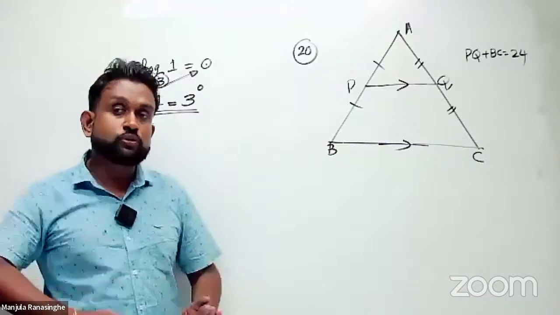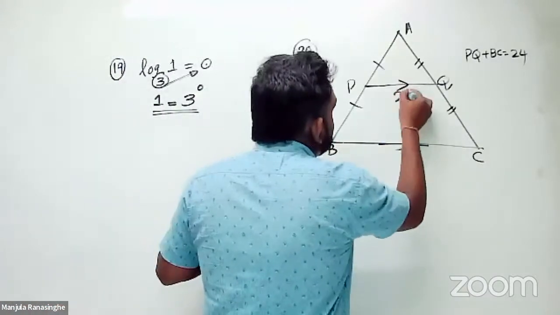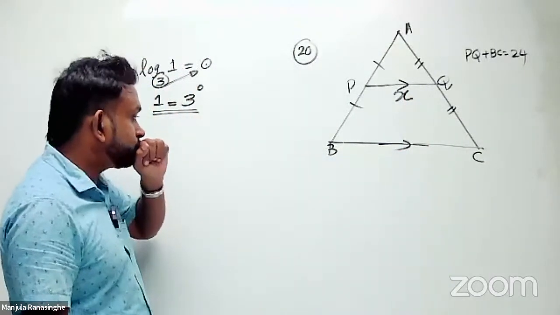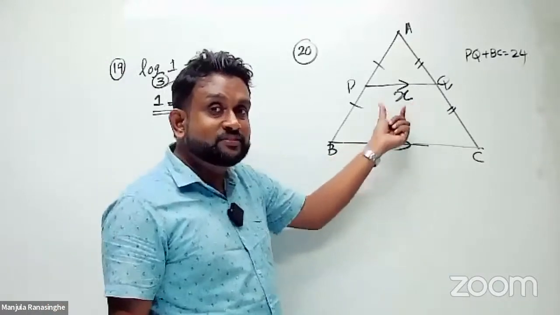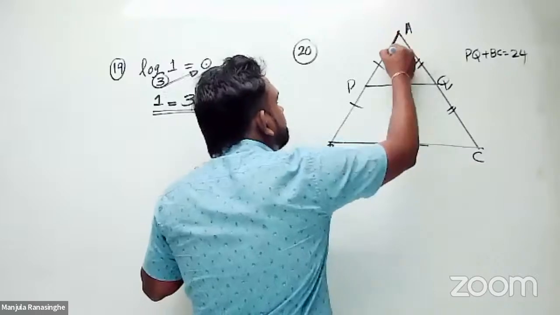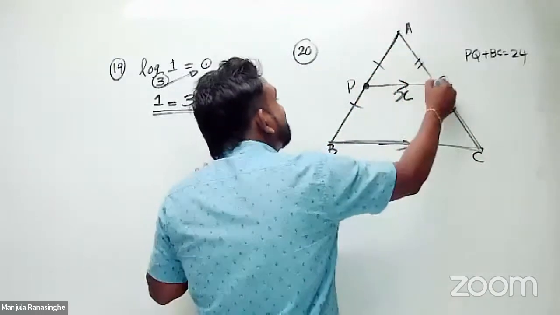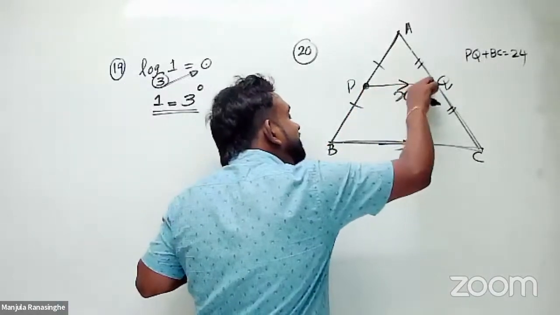separately. Imagine PQ as x. Now you can see that this is a triangle, and in the triangle the two midpoints are connected to each other.